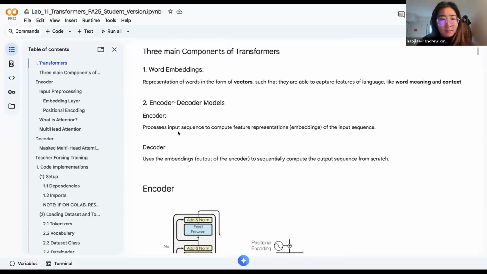And the second one is the encoder-decoder models. We know that for the transformers, we can have either both encoder and decoder, or decoder only.